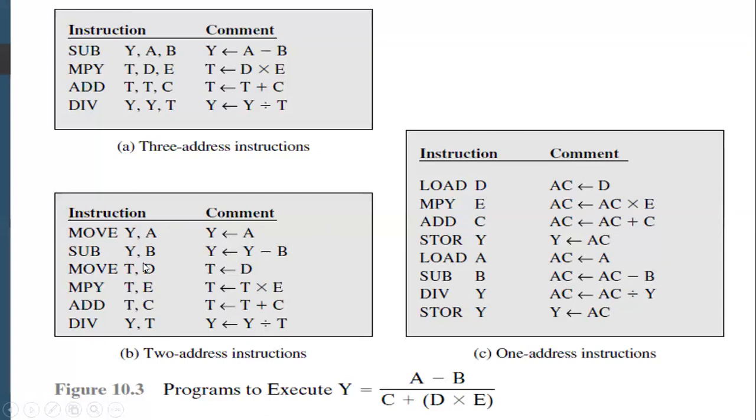We can use more than one register because we have two address instructions. At the next step, you are going to subtract B from Y and store that into Y. Now move T comma D, that means we are going to move contents of D into T.